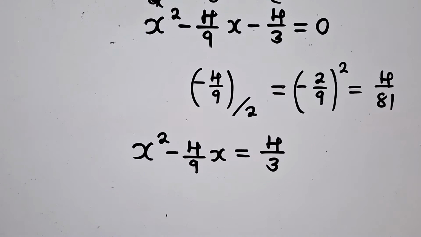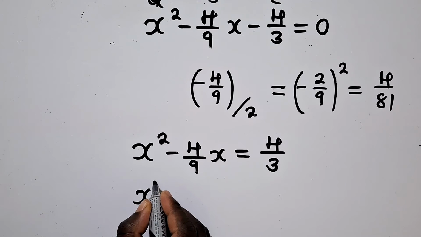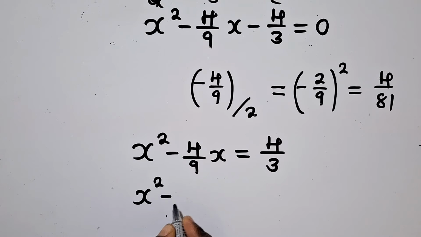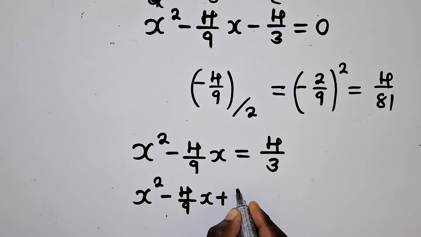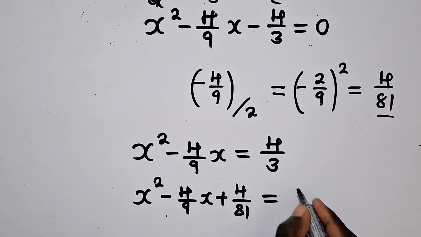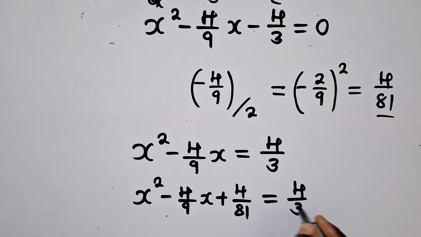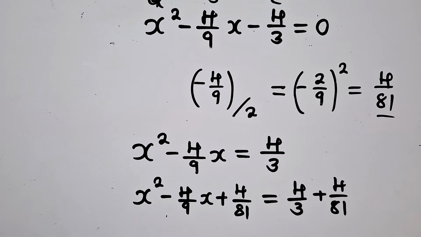So from here, we can say x power 2 minus 4 over 9x, and then here we shall say plus 4 over 81. This one now, you add it here, is equal to 4 over 3 plus 4 over 81. The same thing now, you put it to the other side, and this is how it looks.